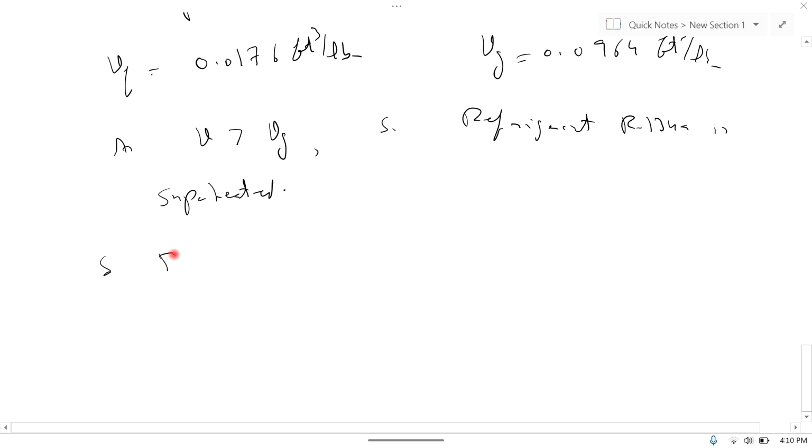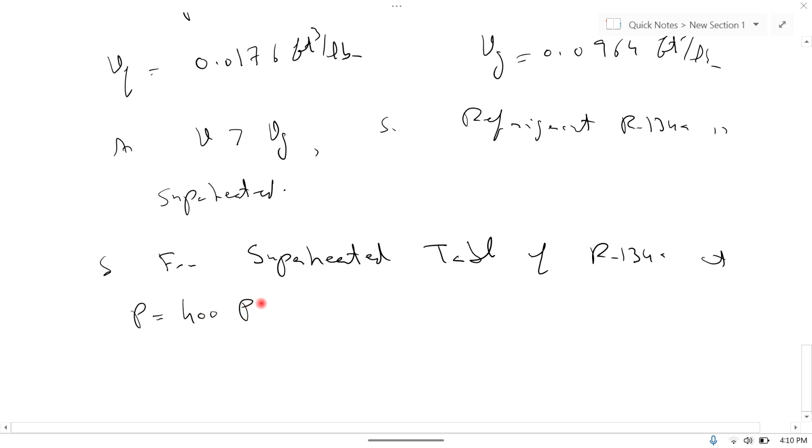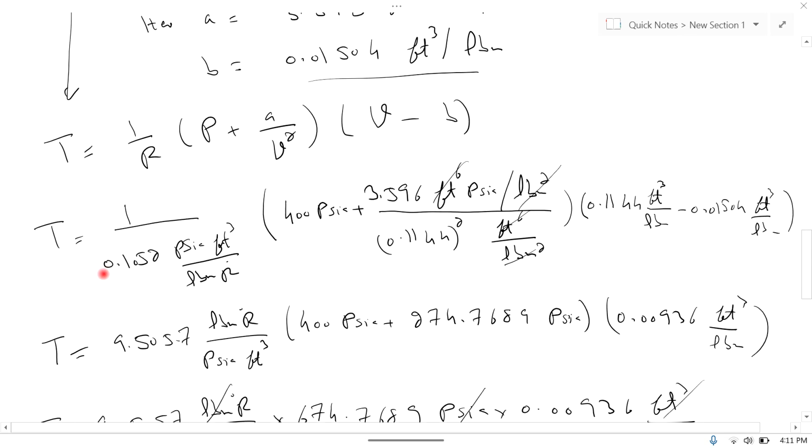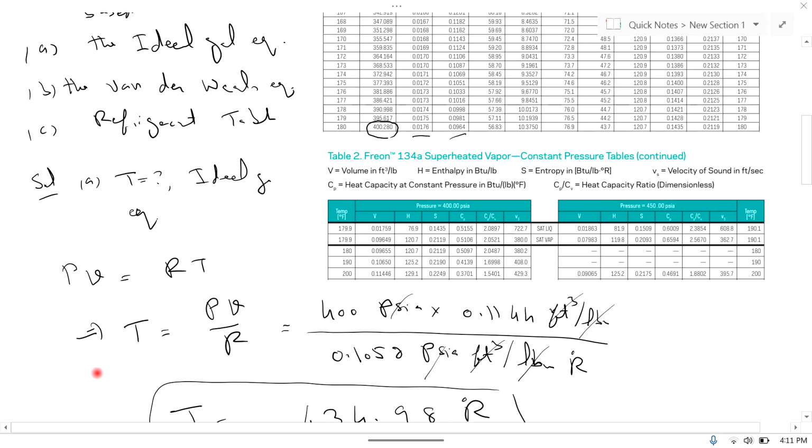So from superheated table of R134A, at pressure equal to 400 psia and specific volume 0.1144 cubic feet per pound mass, find temperature. So go to superheated table, check 400 psia and specific volume.